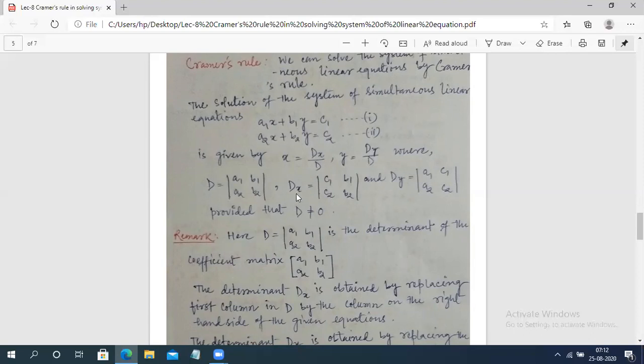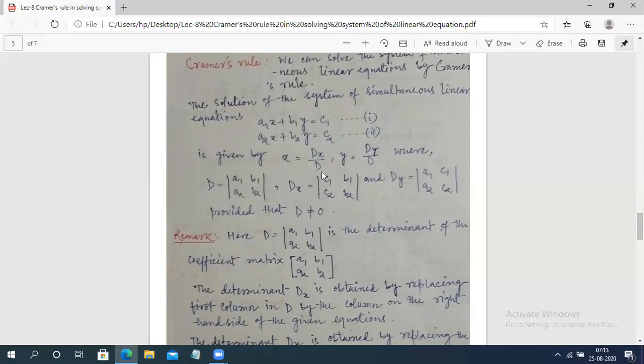And what is the value of dx? In some books it is written d1, so it is up to you. You can write dx or you can write d1. So dx is equal to the determinant after replacing the coefficient of x with the constants on the right hand side, that is c1, c2.